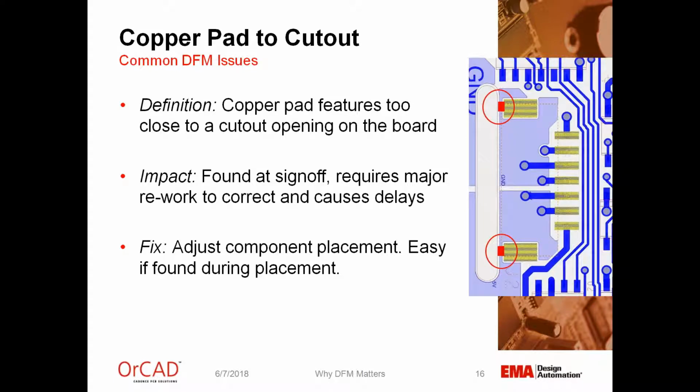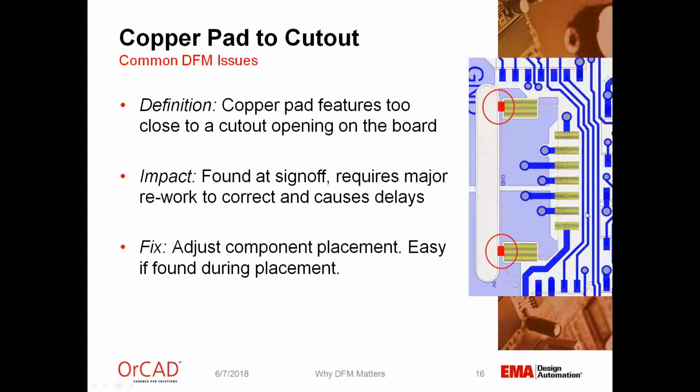This one's a major issue. Here I have a connector near the edge of the board, and there's a cutout, and I don't have sufficient clearance to the cutout from the edge of that pad. The only problem is this one was discovered late in the game, so now I have all these routed traces that go up through here.